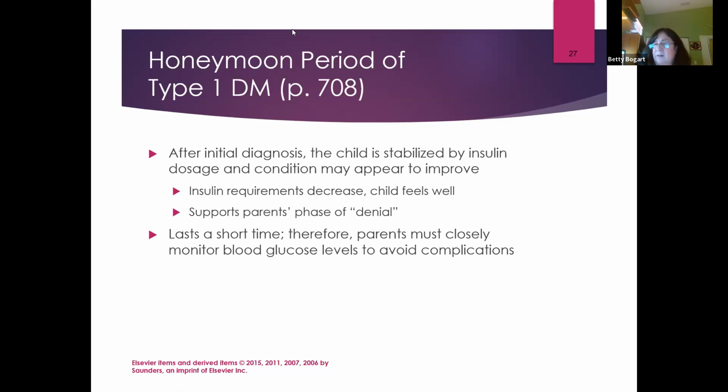You're not as stressed, because remember, stress causes a need for more, and we know that parents don't want to believe their kid has this disease. So maybe they're not watching it as closely as they should. These children are doing well initially, but they need to be watched closely because this honeymoon period goes away pretty quick.